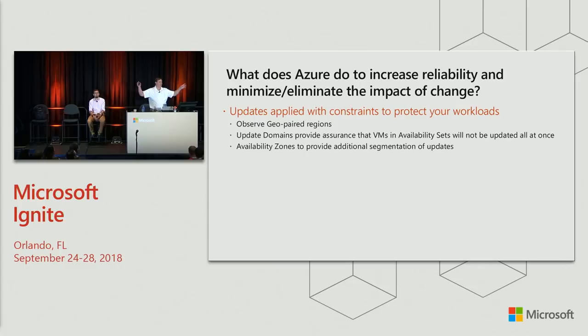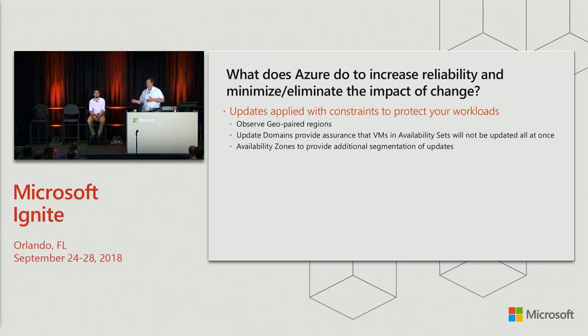And that is held to for almost every update. The one exception might be a security update, where we need to move quickly through the cloud. But that helps with your geo redundancy, because we're not going to make the same thing happen here that could happen here while we're making a change.